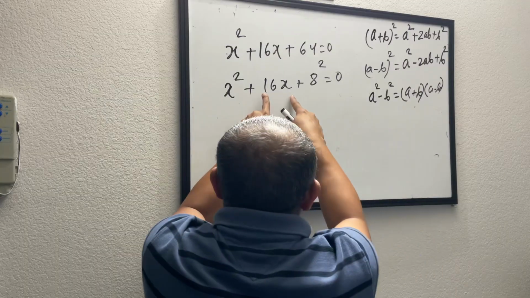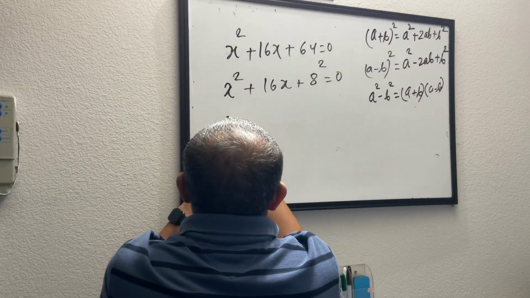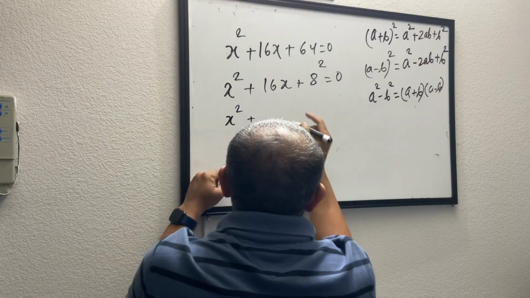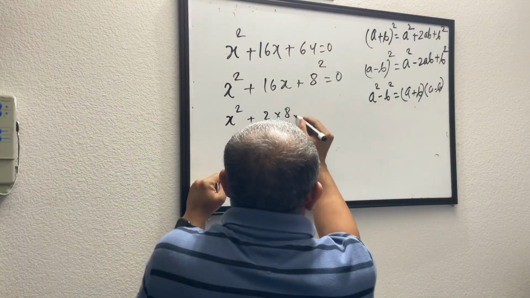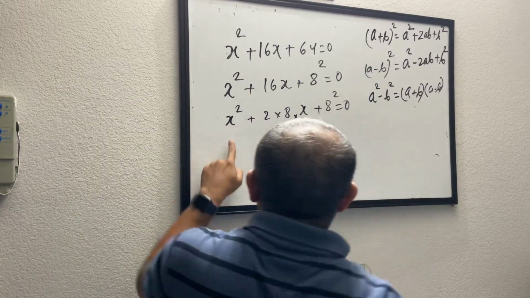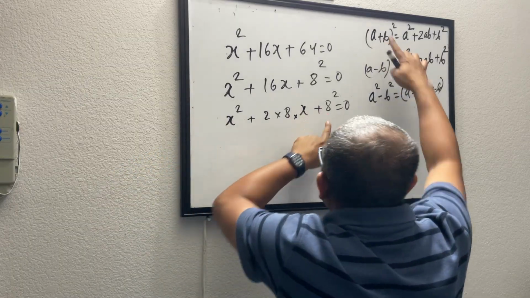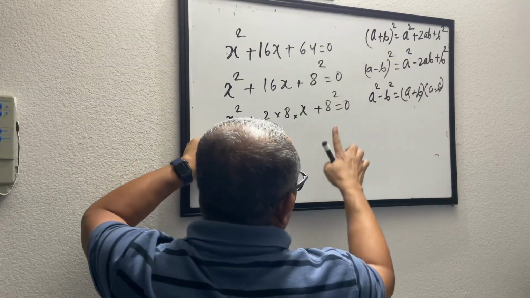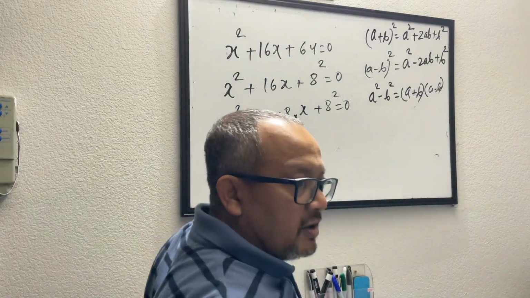I need to check whether this is in the 2ab form or not. 16 I can write as 2 into 8, and then I have an x. If my x is a and my 8 is b, I have a squared plus b squared plus 2ab.